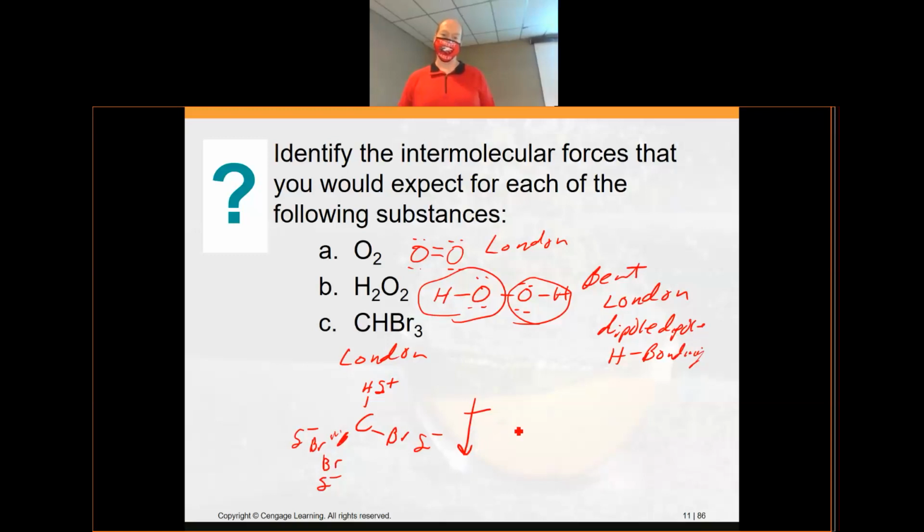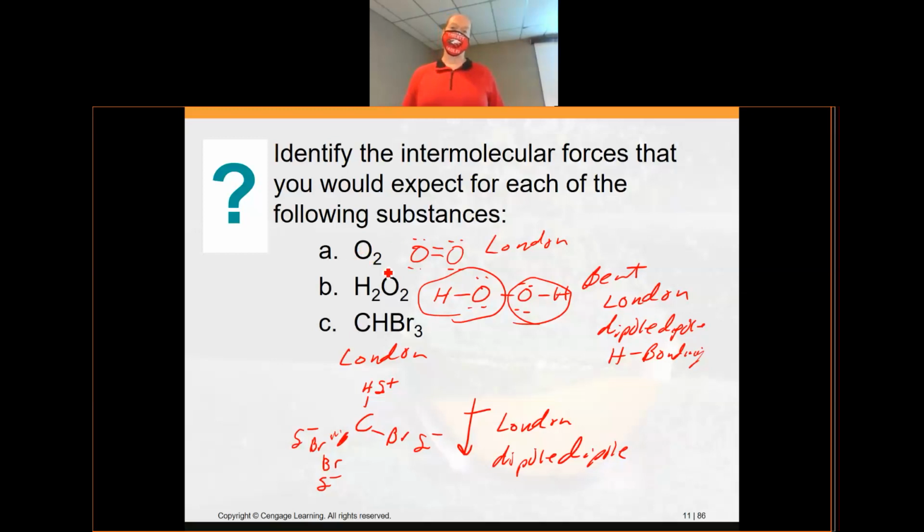So this is London and dipole-dipole. The only things that are nonpolar are the ones that are perfectly symmetrical. So this is just identifying the intermolecular forces.